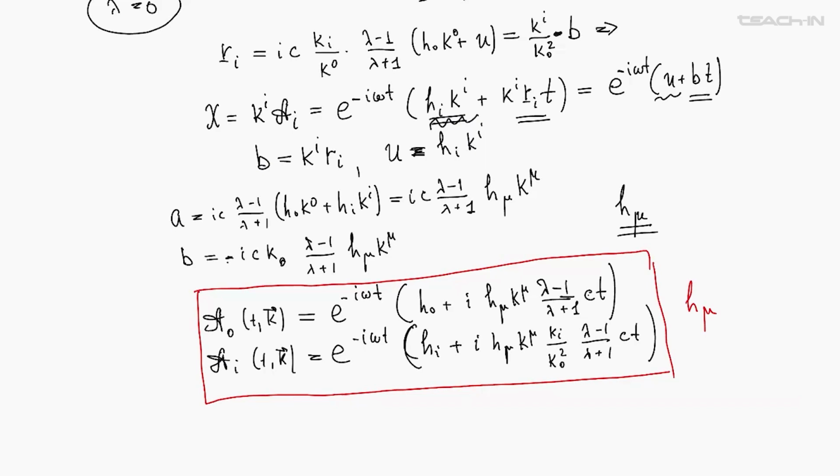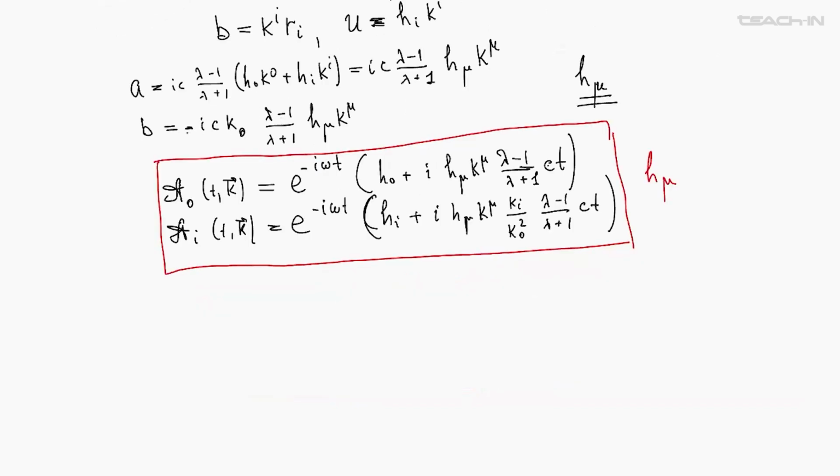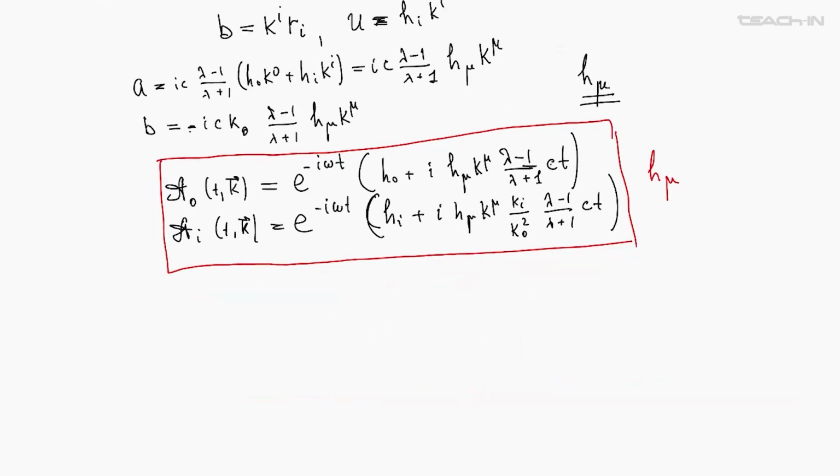Do you have any questions here on the procedure? This is how these solutions look like. They are not exactly plane waves, because now they involve these extra terms which depend linearly on time.